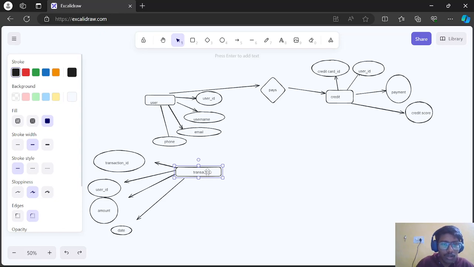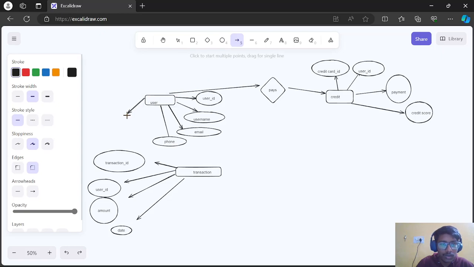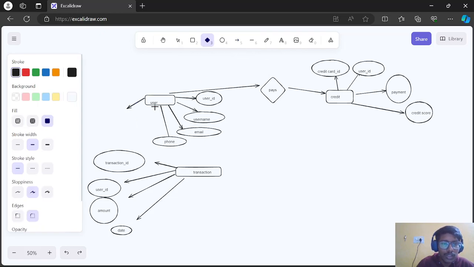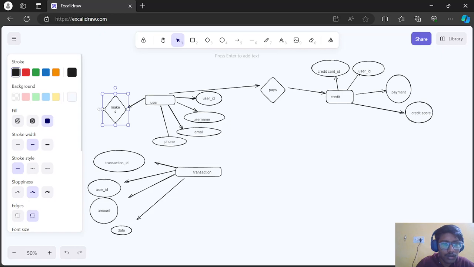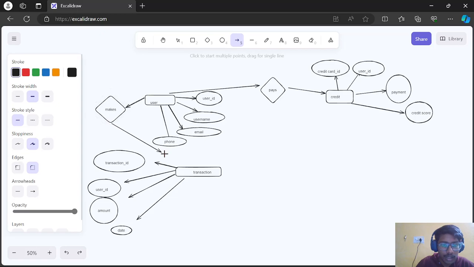So I guess we also talked about the relationship between a user and a transaction, right? Who does the transaction? That is none other than the user. Okay, I guess we have no place here left for that. Okay, let's go here. And user makes a transaction and they are related like this.